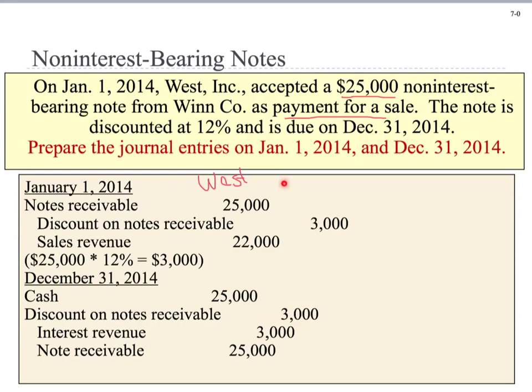But this type of transaction is more realistically what you're going to see when you have these non-interest-bearing notes. And again, perfect examples are these furniture companies, computer companies, credit card companies. Some cars now have 0% financing. So remember, really the FASB says, nice try, but we know it's really part of your revenue balance. So you still have to record some interest revenue.